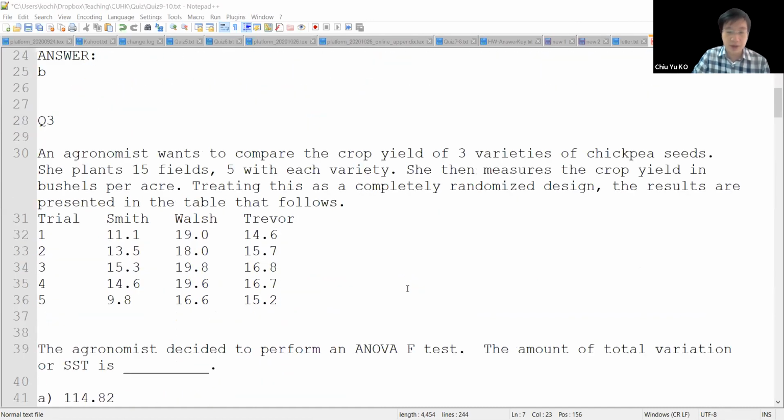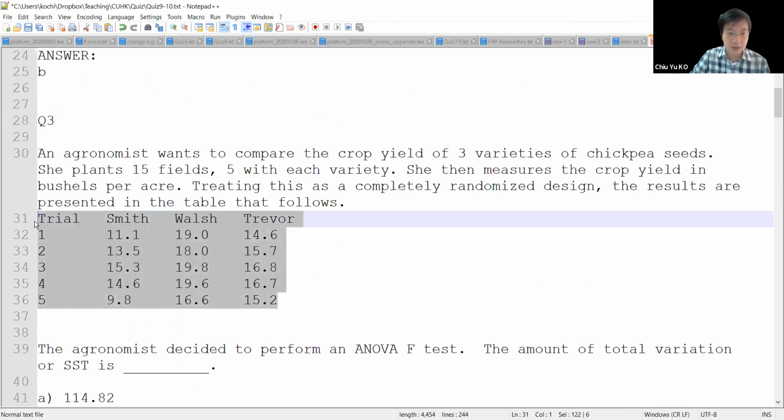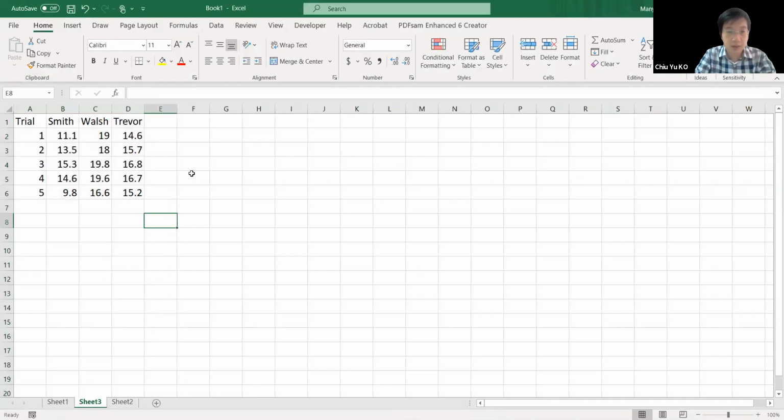I guess for this one we ask you to have data on it. So let's see if we can just copy and paste and do the ANOVA here. Let me show you my Excel. This is a copy from that one.